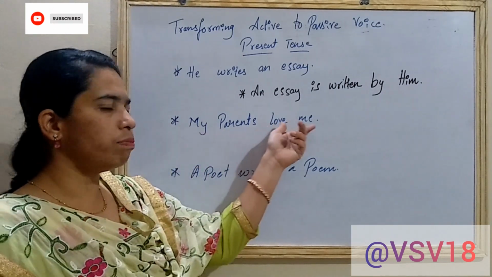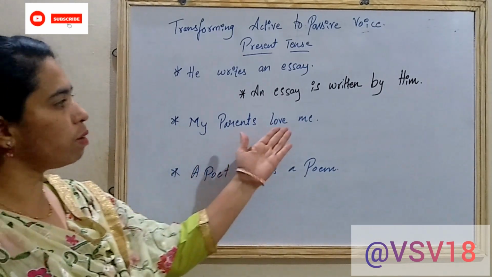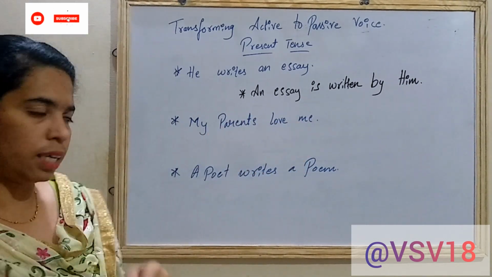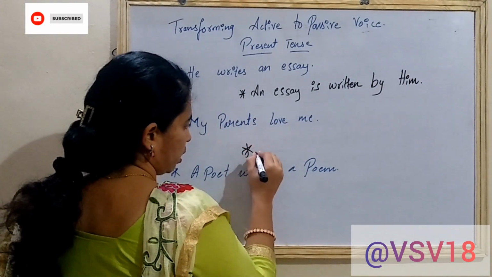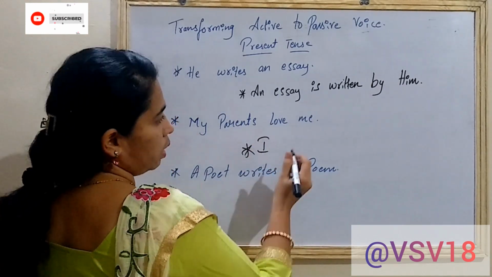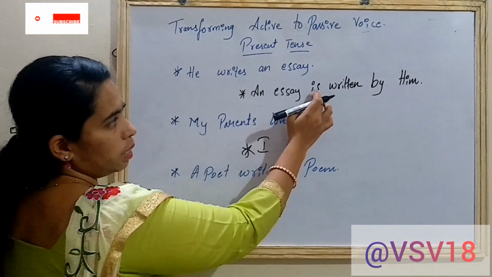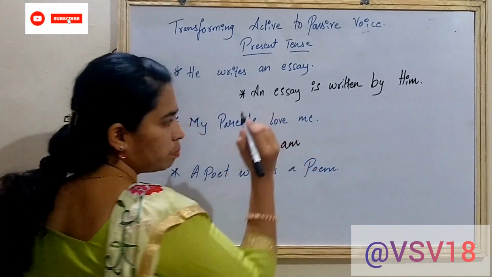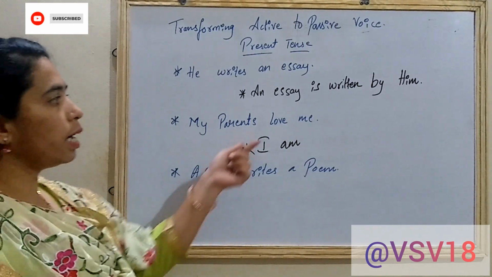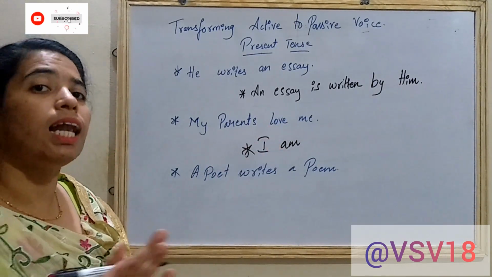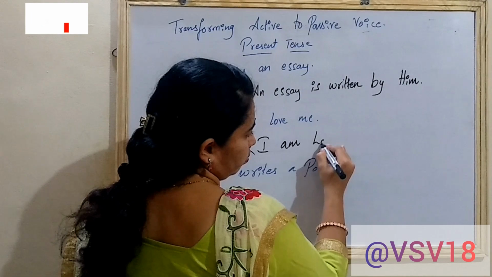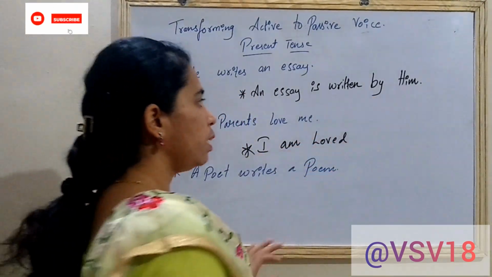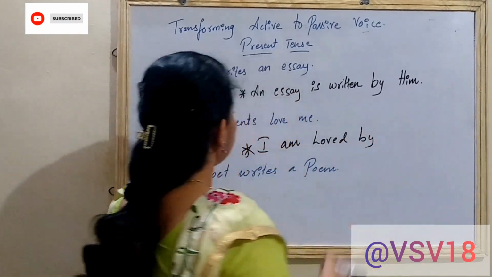My parents love me. Okay, so first we will find the object of the statement. Me. Me becomes I. As it is in present tense, here we have used is, but when we are using I, we will use am. And love, V3 form is loved. I am loved. Obviously, by is used.